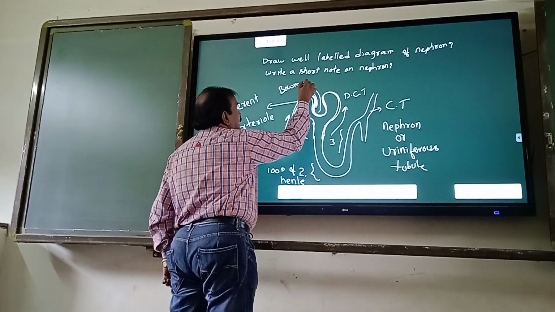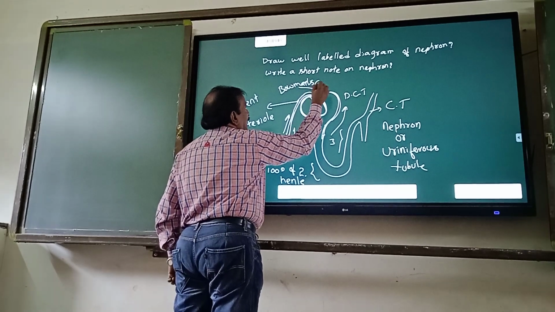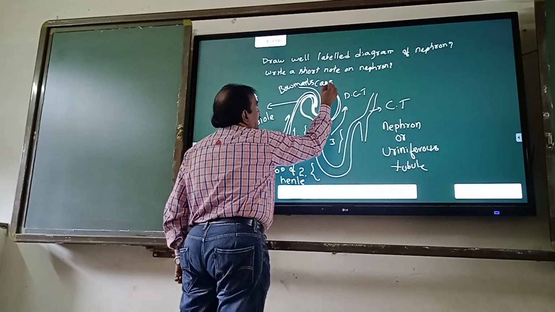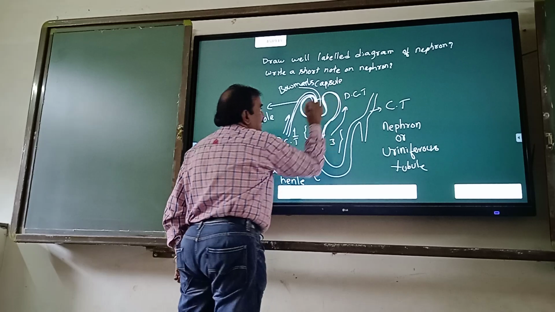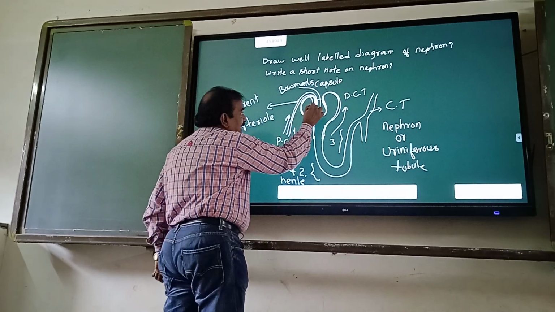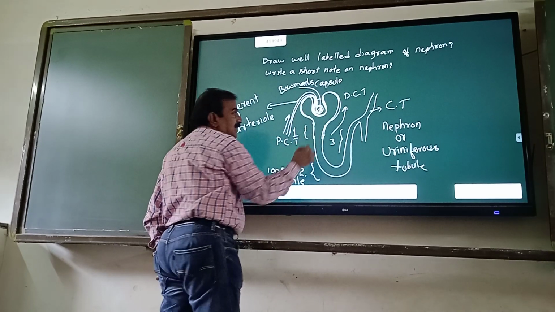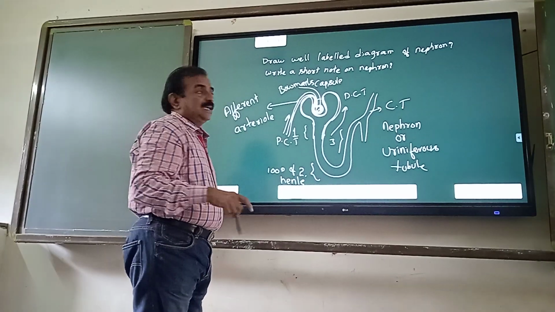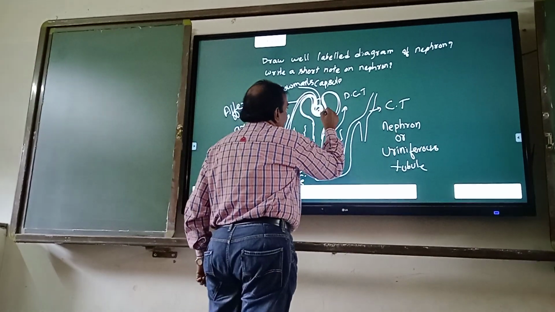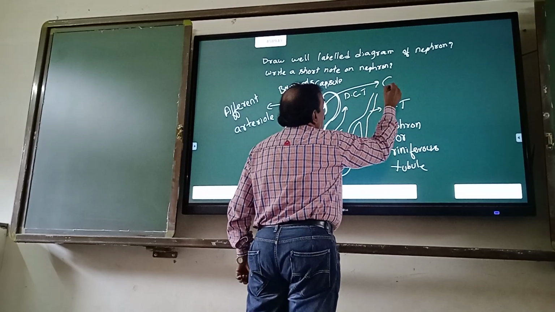Bowman's capsule. All these are scientific terms. Into the Bowman's capsule, it divides and forms a network. And this network is called glomerulus.